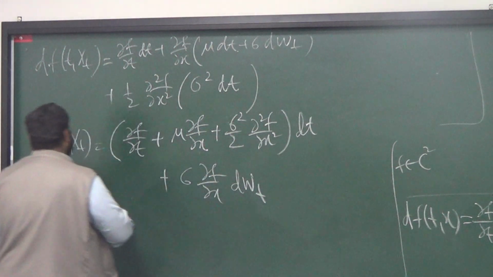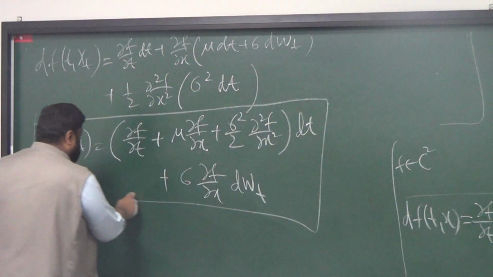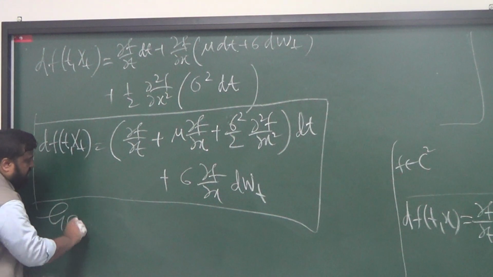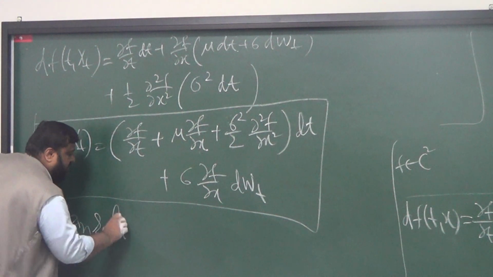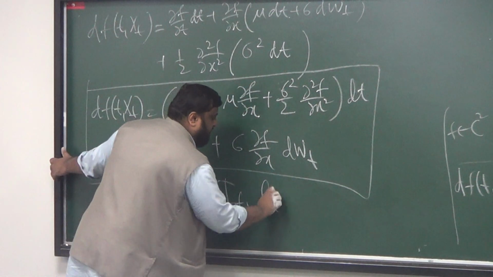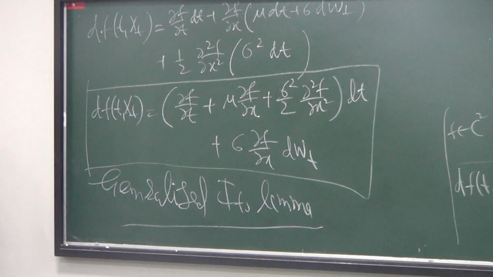So this would be the dynamics of a function of an Ito process. This is called the generalized Ito lemma.